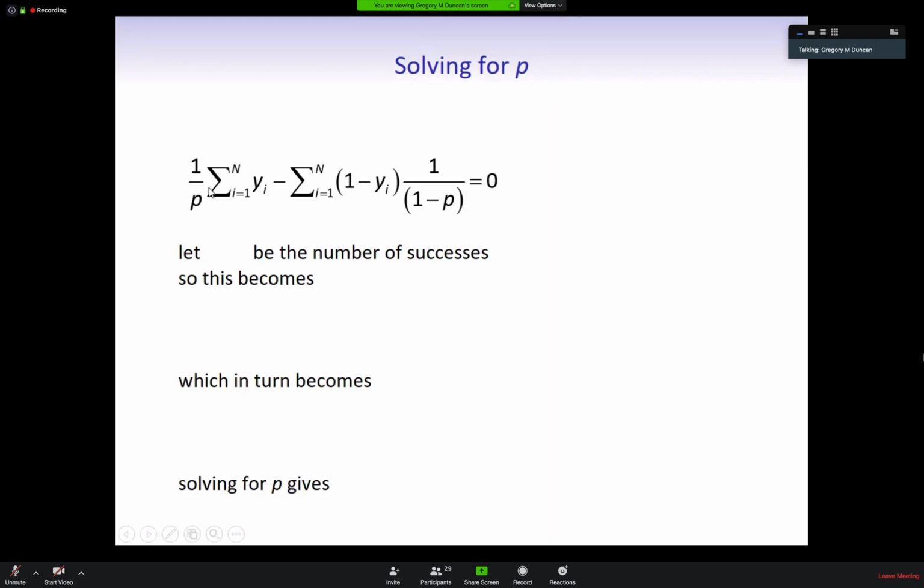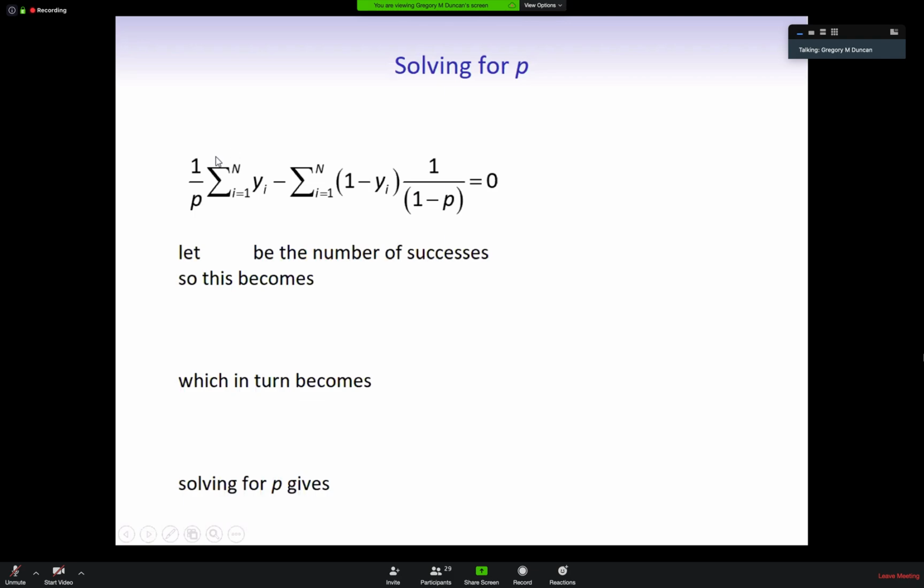So 1 over p times the sum of the y's, minus 1 over 1 minus p times the sum of the 1 minus y's. Okay.